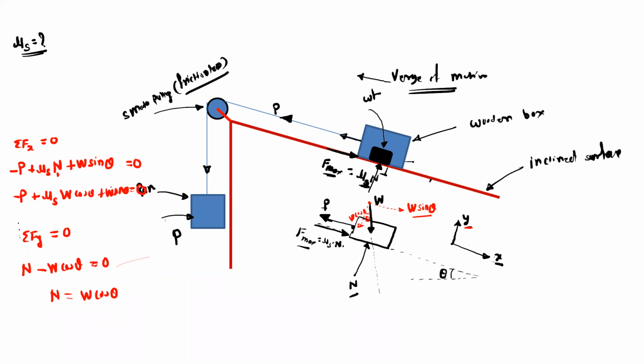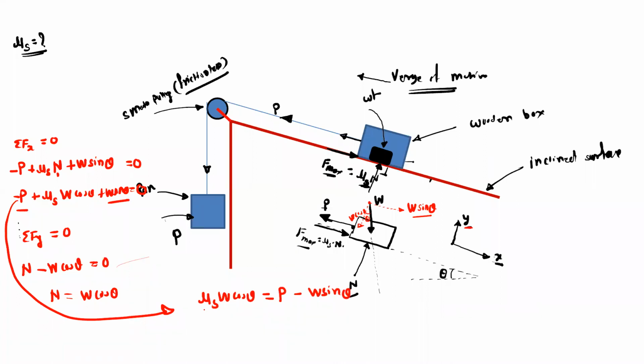to 0. Now from this equation, we can write mu s into W cos theta is equal to, take this term and the P on the right hand side, so P will become positive and W sin theta is negative.